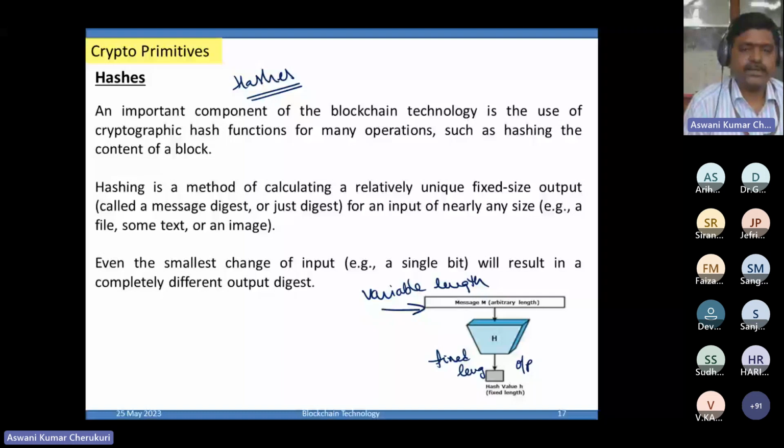The point is that it is a one-way function in the sense of creation of the hash value. That means a fixed length output value is easy to produce when you have a message. Taking the message and creating the hash value is easy, but it is not two-way, in the sense that if you have a hash value, recreating the original message from the hash is relatively impossible. So that is the requirement of any hash function.